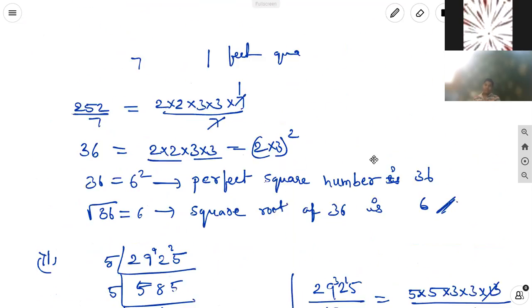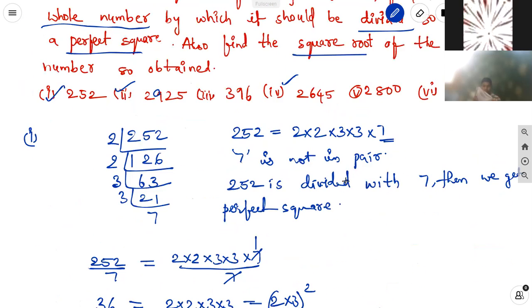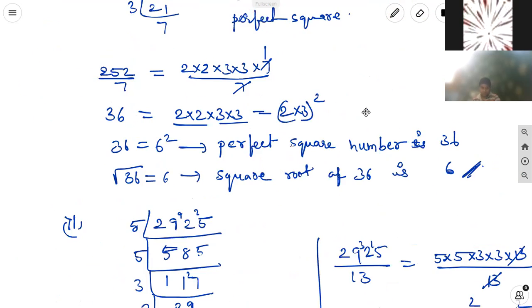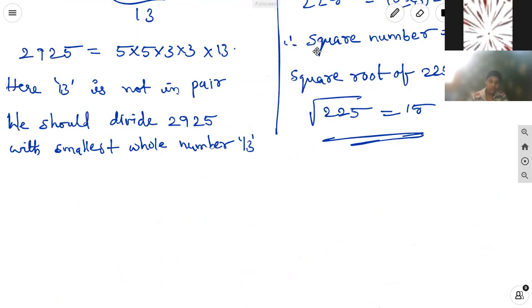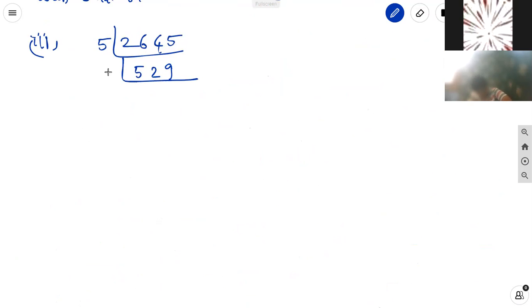Third one, 2645. It also has 5 in the units place, so it is divisible by 5. 5 5s are 25, 5 2s are 10, 5 9s are 45.